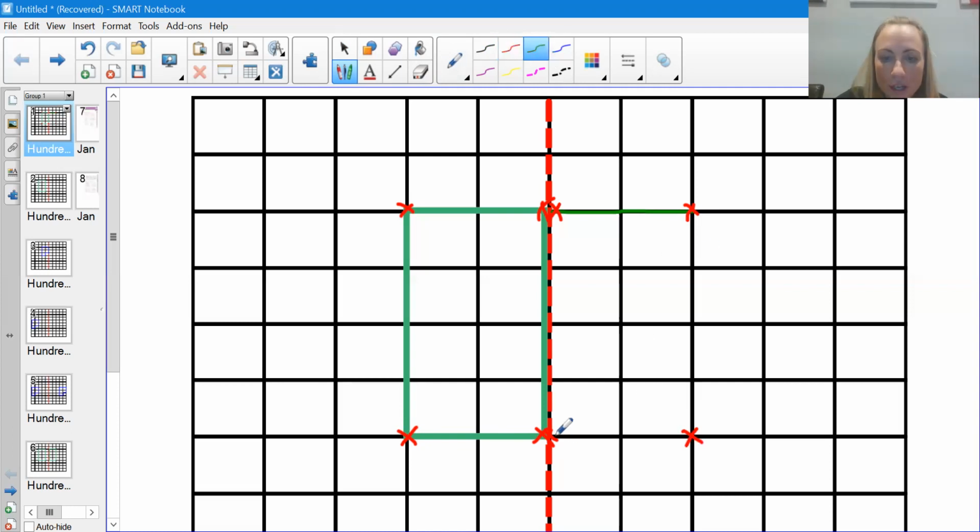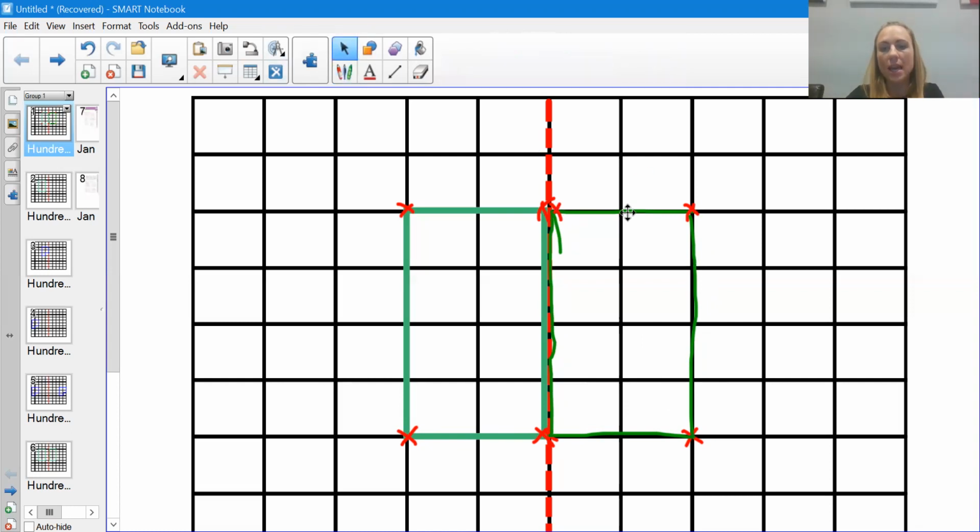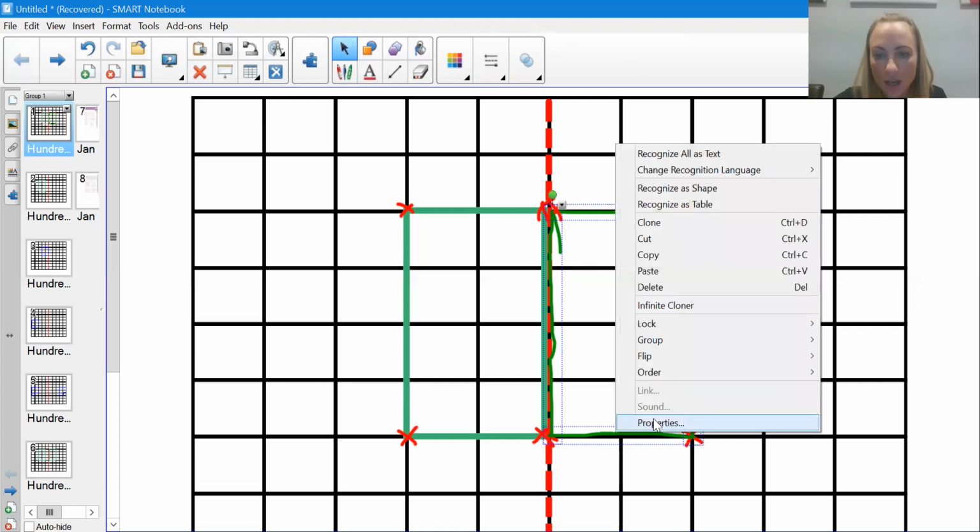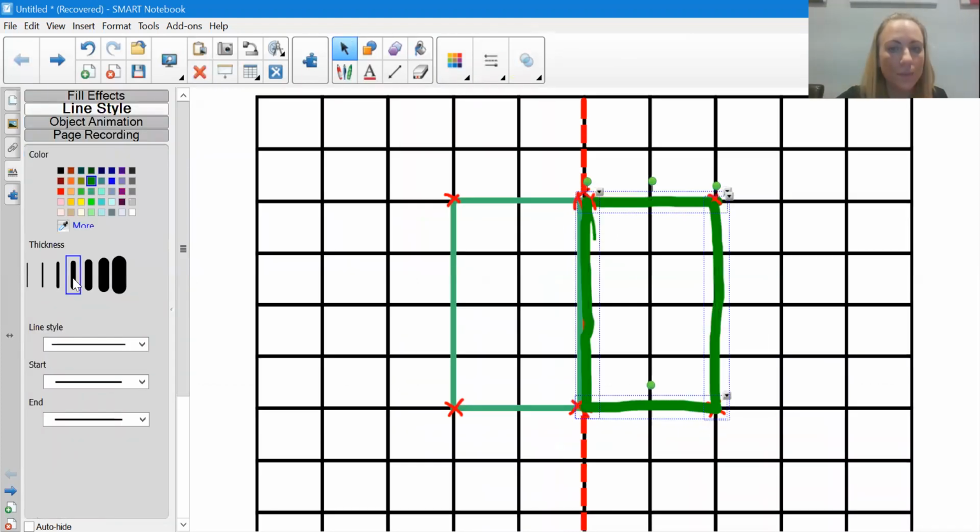So when I draw my shape, I'll join up, and I must remember to come up here. So you can see that my shape, the lines aren't particularly straight, and I should have used a ruler.